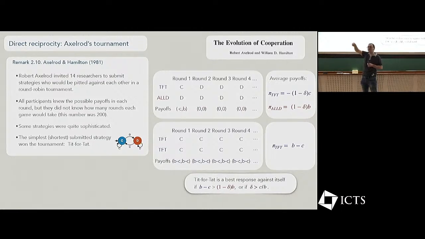And now if suspicious tit for tat plays against suspicious tit for tat, they would defect forever. Because in the first round they defect and then they copy what the co-player did in the previous round, so they defect forever. So even if in all subsequent rounds you just copy what the co-player did in the previous round, it's very sensitive to what happened in the first round.